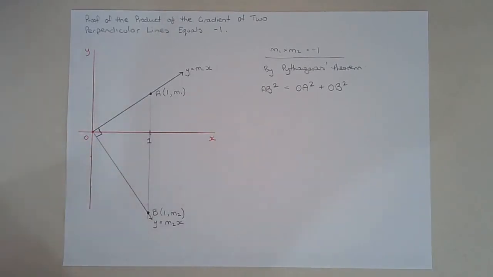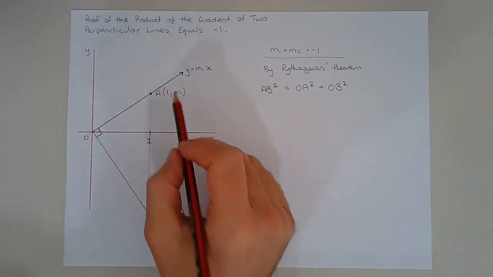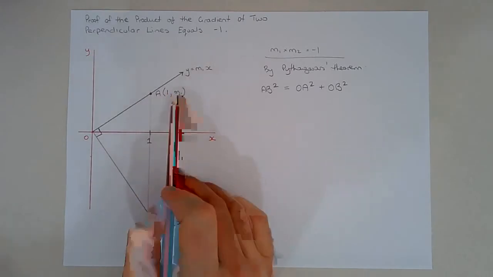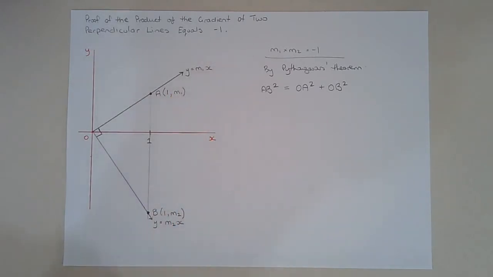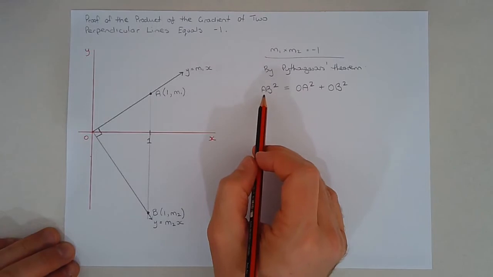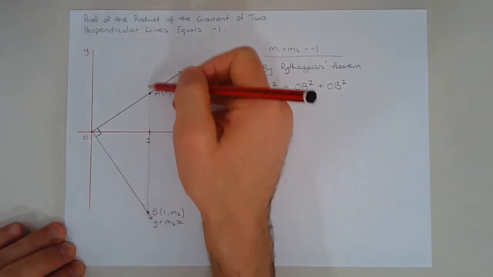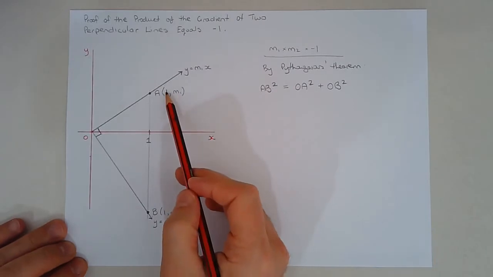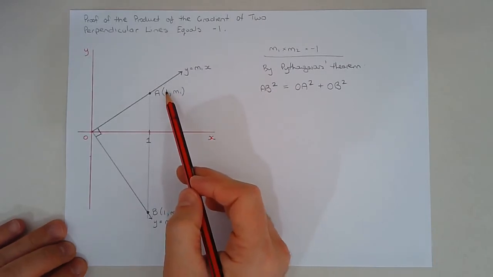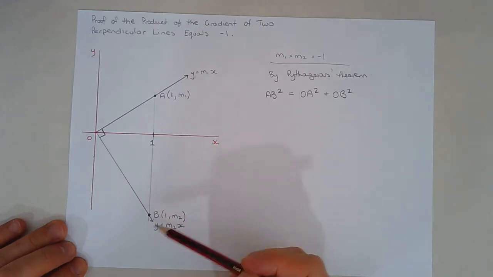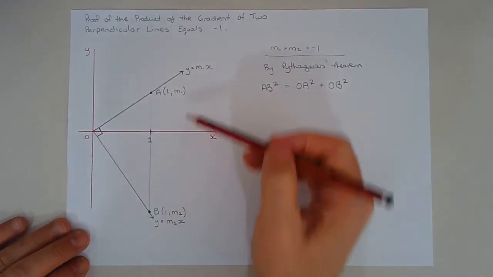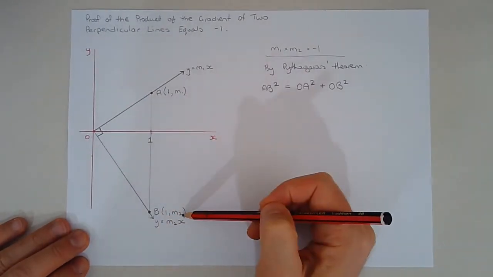We're using this fact to show this relationship, and hopefully come up with a result showing that m1 times m2 gives us -1. Now, we need the length AB. This is the vertical line here. Because it's a vertical line and the x-coordinates are the same, we only need the difference in the y-coordinates.